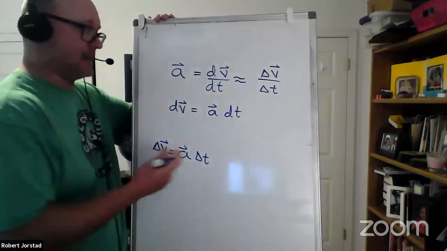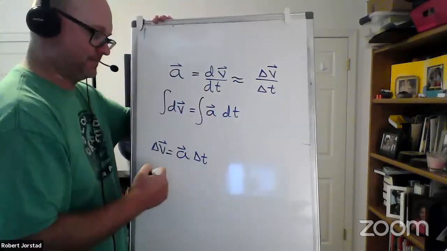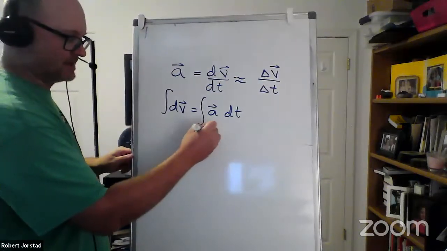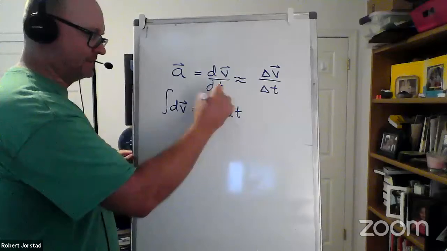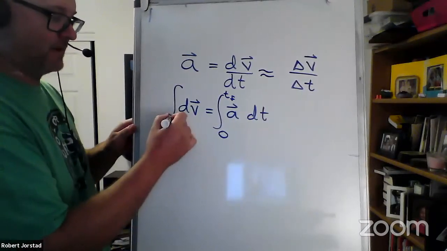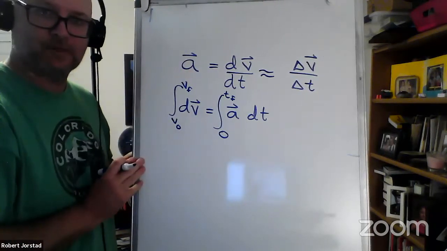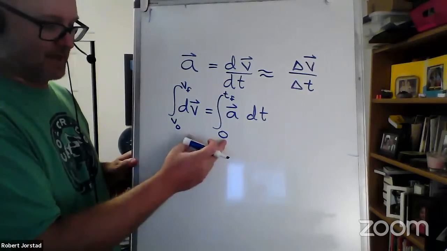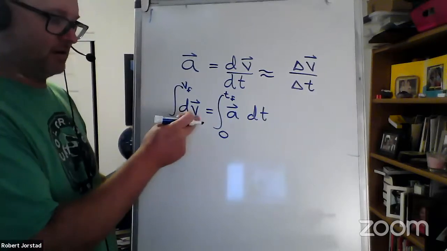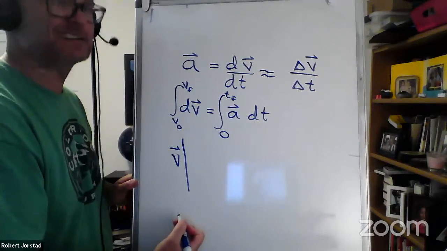Now, if you don't like that, what I could do is rearrange this and integrate it. If I integrate these, I would go from 0 to some time I'll call t final. Over here, that would go from velocity at 0 to velocity final, because that time corresponds to this velocity. So I'm doing the same thing to each side. When I do that, the integral of this would just be v evaluated at those limits.